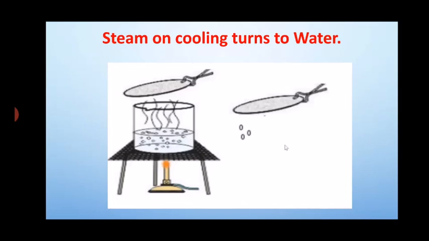The steam rises from here and it touches the cold plate, and immediately it forms drops of water on the plate. So when you cool steam, steam turns to water. So it goes opposite.